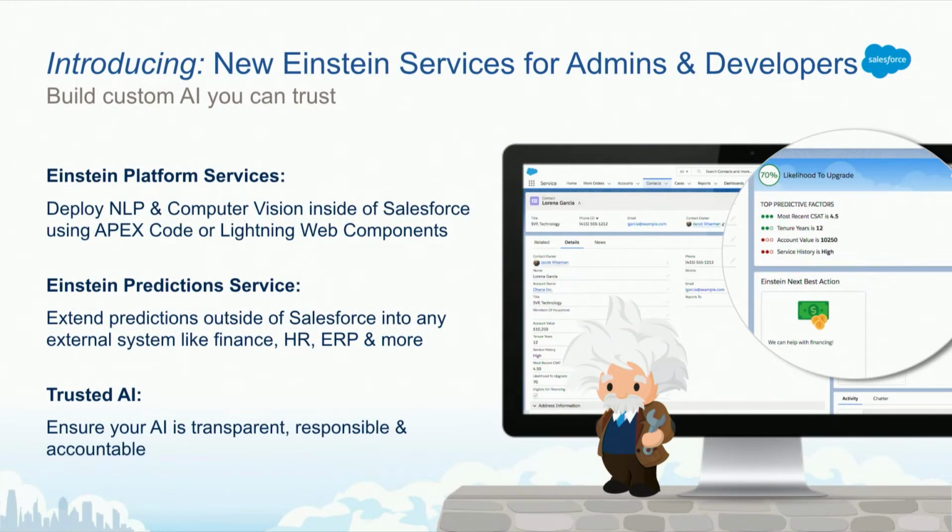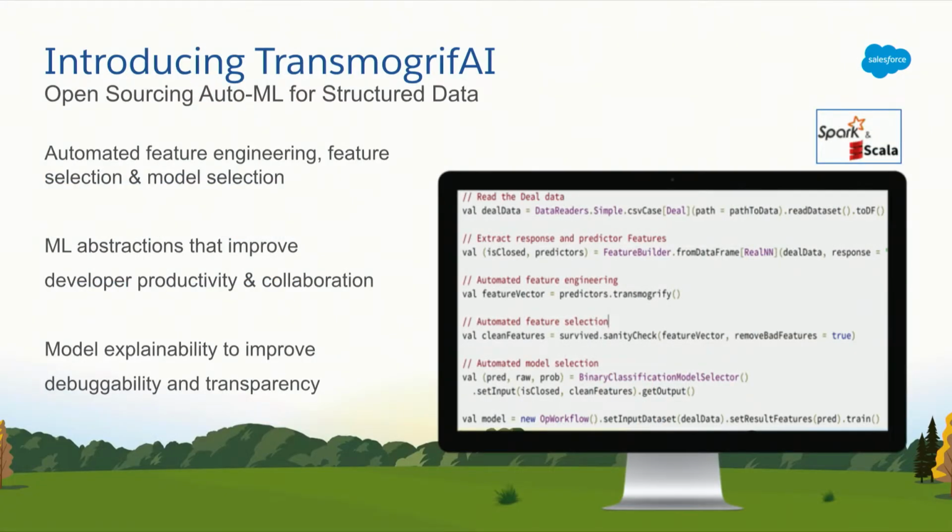So as we talk about those different phases, Einstein gets all the way into the platform services. This means as an admin, maybe you want to get really in-depth in the data science, and you can do that with different APIs we provide or using Einstein platform on that level. Transmogrify, I just want to do a quick shout out because I think this is really cool.